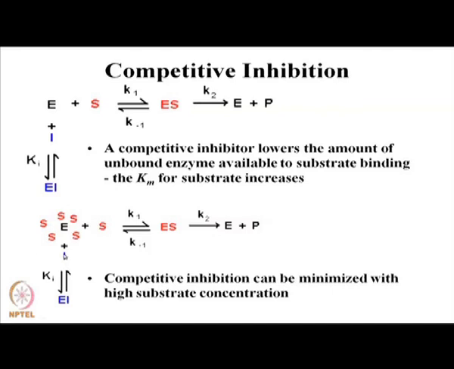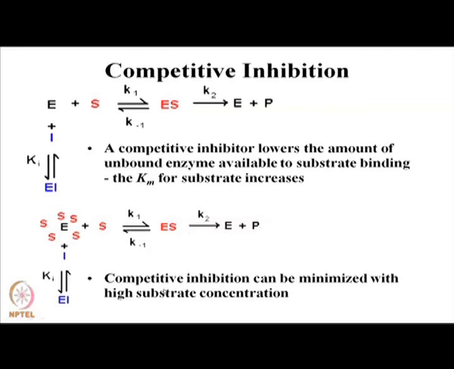So the probability of binding of the substrate molecule increases since you increase its concentration, so this path is more accessible than this path. This is happening in parallel, but since the concentration of your substrate is very high, this is the major channel.